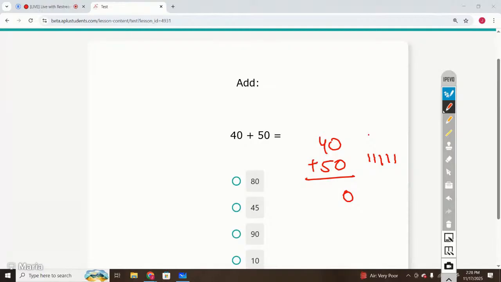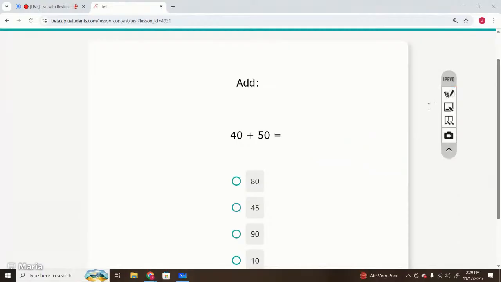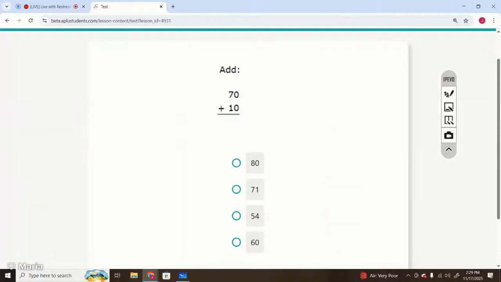So 4 plus 5 makes 9. So 40 plus 50 makes 90. The correct option is 90. Option number 3 is the correct option.